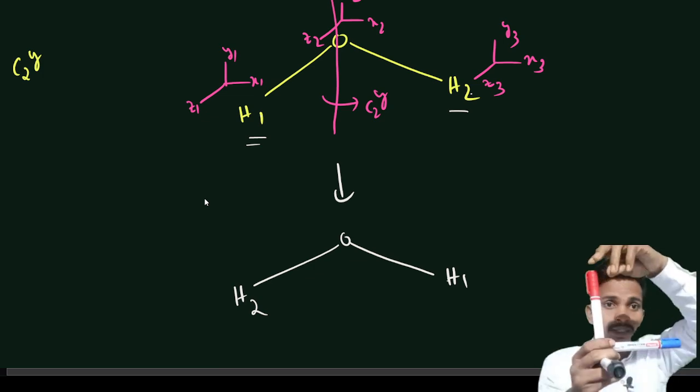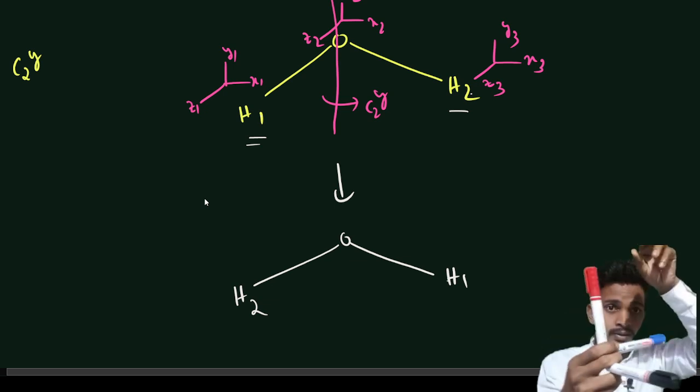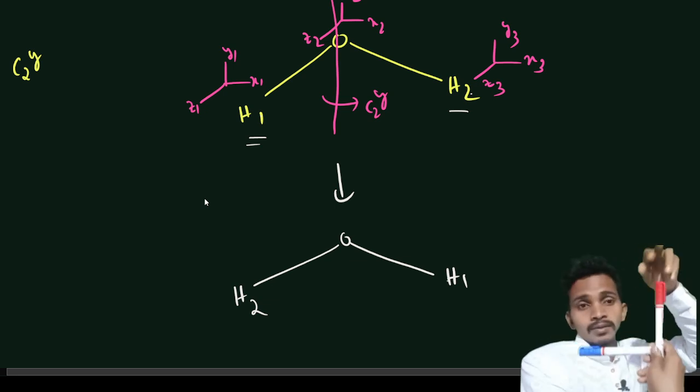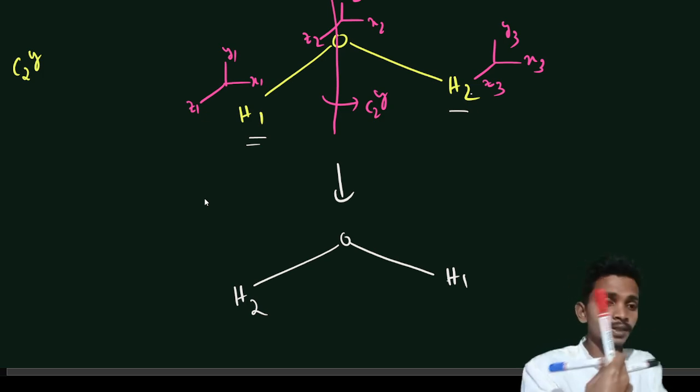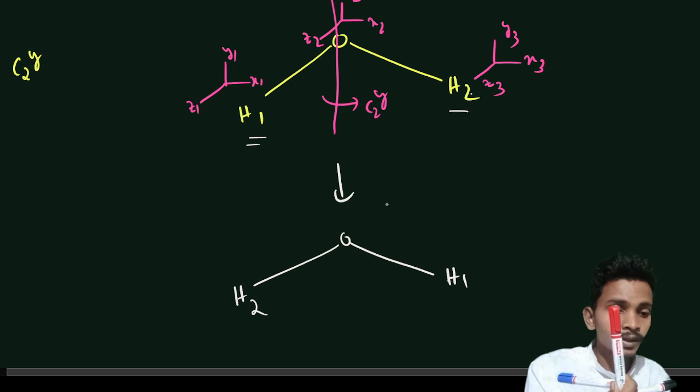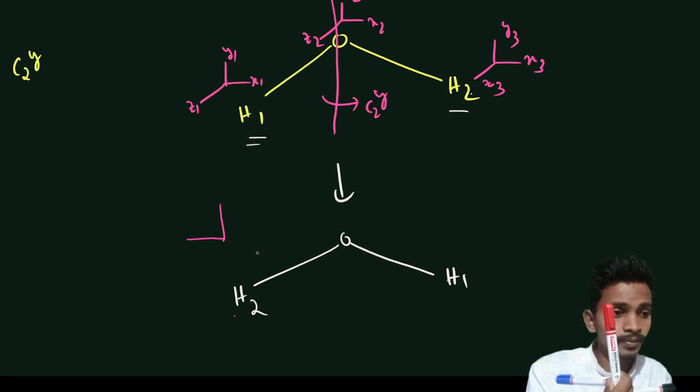If I do 180 degrees, the right side goes to the left. You see, 180 degree rotation means the atoms have changed. That is the first thing. With that, H2 has come here and this x3 goes in this direction, y3 remains as it is, and z3, which is in the front, will go to the back.